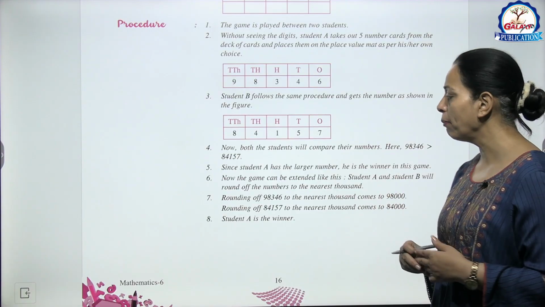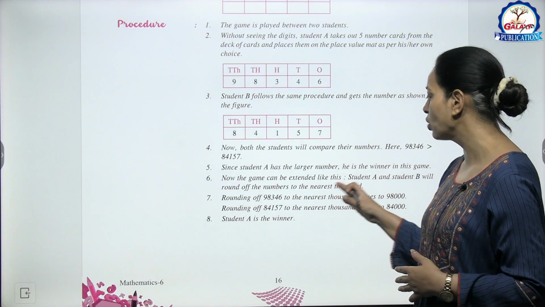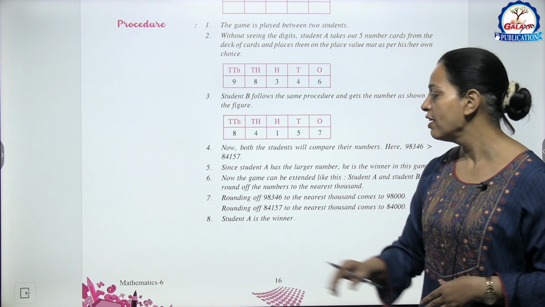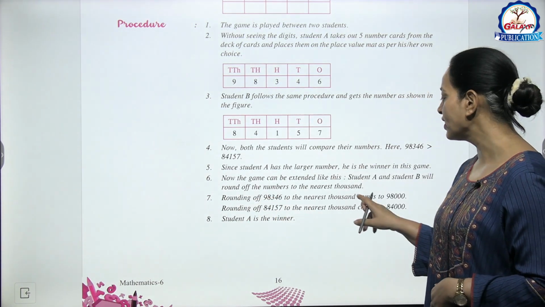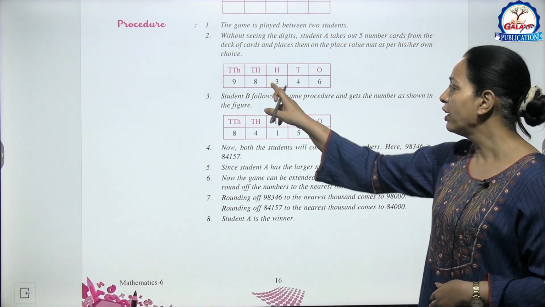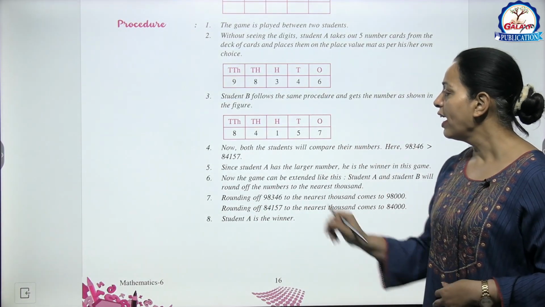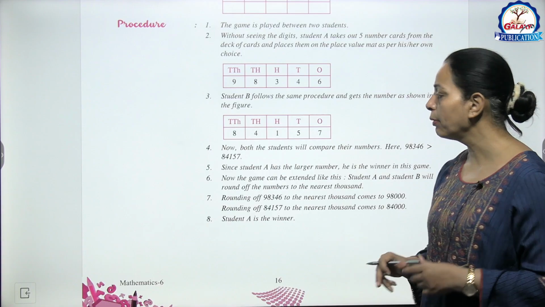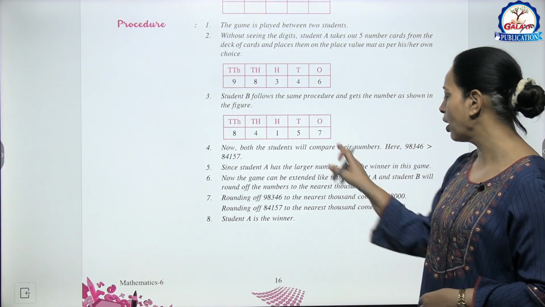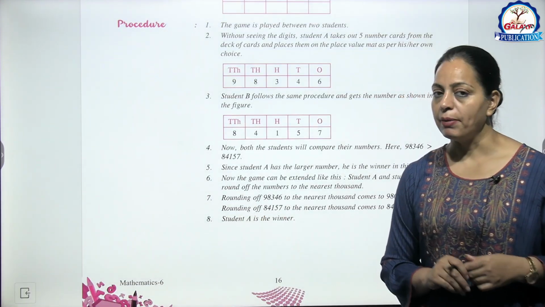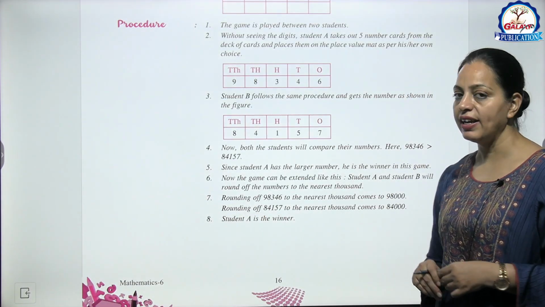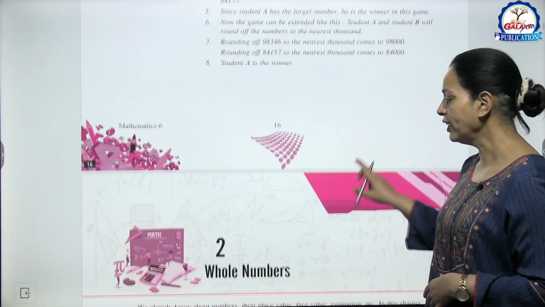Student A and student B will round off the numbers to the nearest 1000. Then step 7, rounding off the first number to the nearest 1000, it comes to 98,000, and rounding off the second number to the nearest 1000, it becomes 84,000. So now step 8, student A is the winner, right?